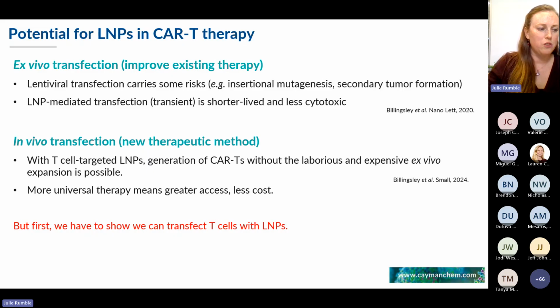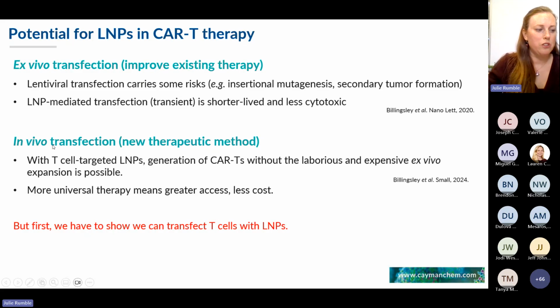Alternative methods of T-cell transfection are being investigated, and LNPs represent a very attractive option, partially due to their more transient expression and having been shown to be less cytotoxic than many other transfection methods. In addition, since many components are already included in FDA-approved drugs, the barrier to clinical use may be lower.